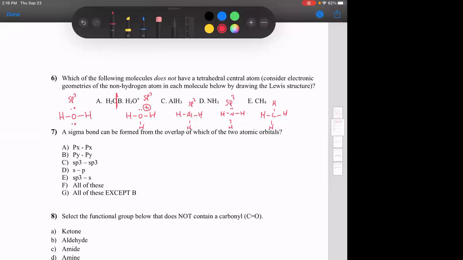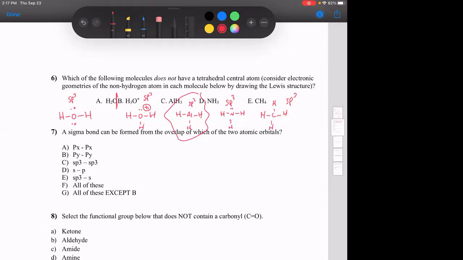So it's sp3. And then, of course, carbon, sp3. All four things. Okay, so then the question is, which does not have a tetrahedral geometry. So this guy being sp2, he's trigonal planar, not tetrahedral.